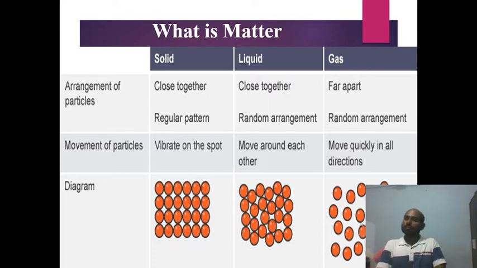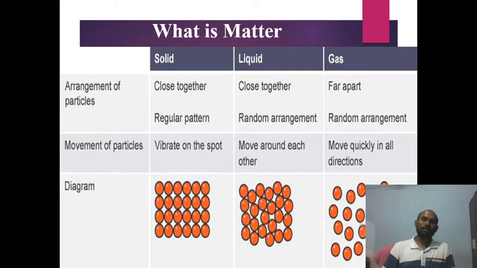In liquid also very close together, but a random arrangement of atoms. They do not form a periodic regular pattern. And in gases, one particle is very far apart from others, in a random arrangement. There is no periodic manner, no regular arrangement in the gas. That is the difference in arrangement of particles in solid, liquid, gas.